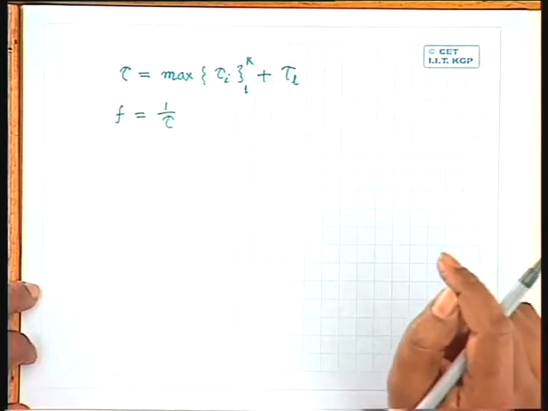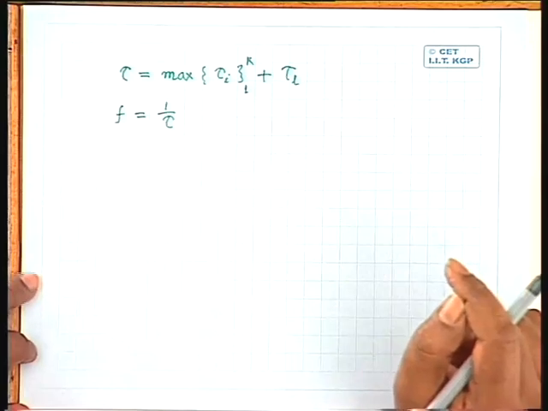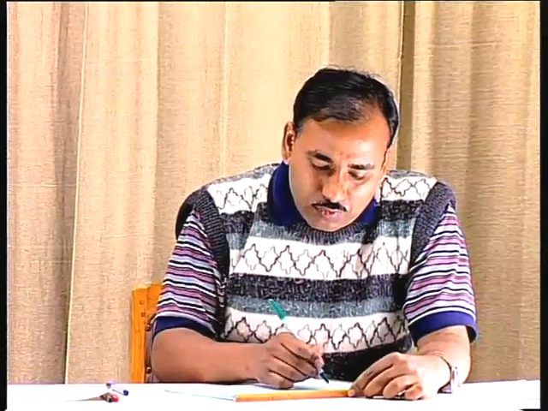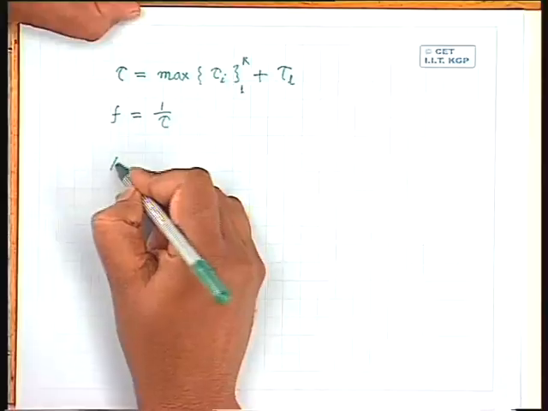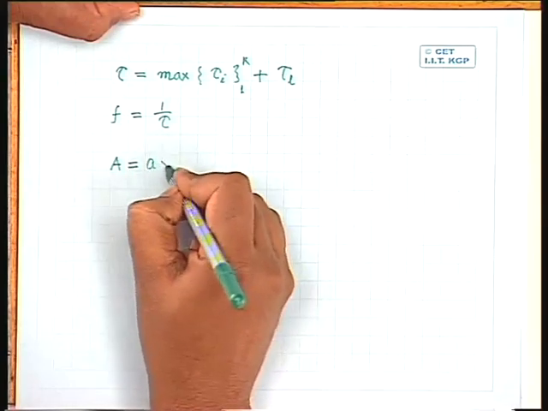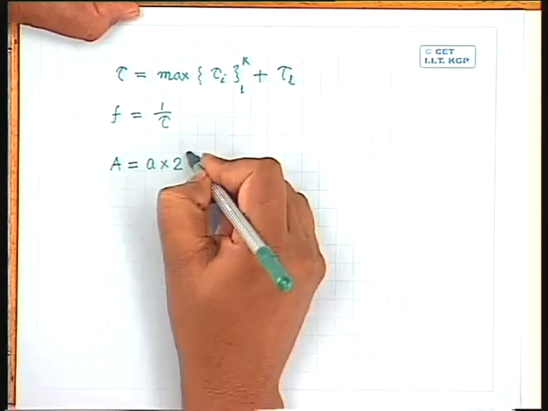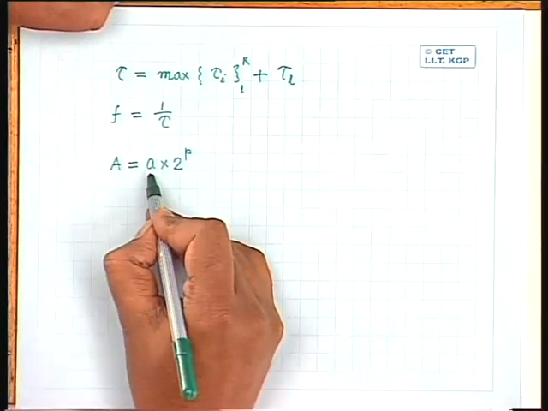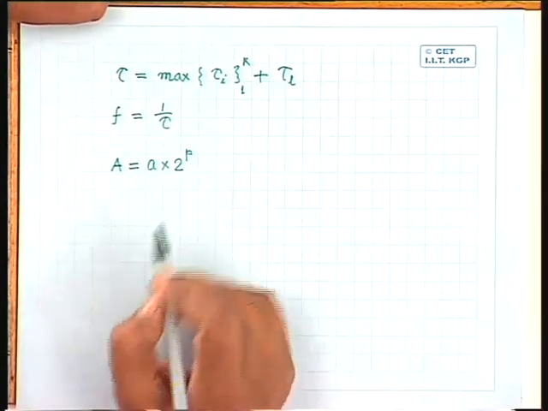Now let us come to a practical example where this pipelining can be very useful. Say, for example, we want to add two floating point numbers. Okay? So I want to add two floating point numbers, say a, which is of the form a into 2 to the power p, where a is the fraction part and p is the exponent part.